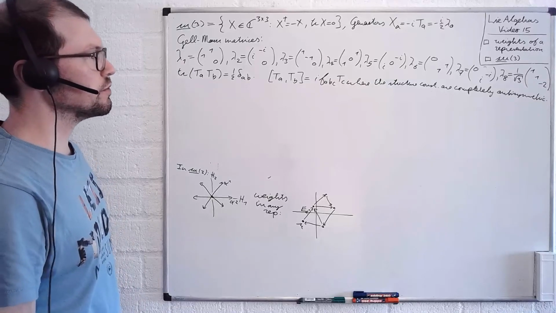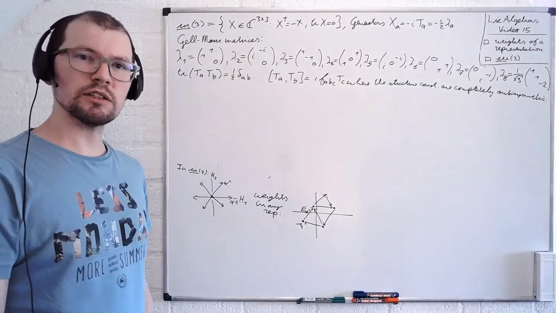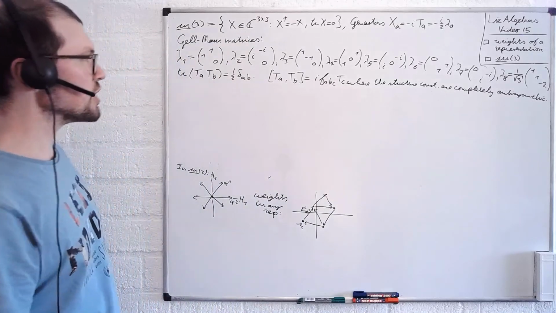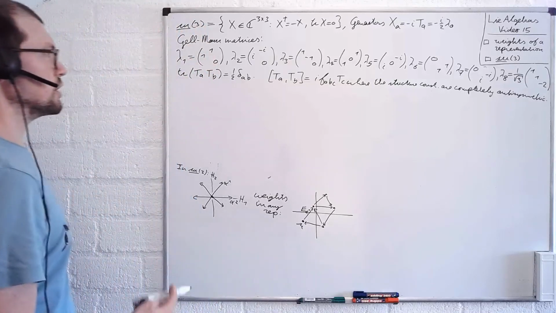But it's already relatively easy now from these explicit matrices to find a nice set of Cartan generators, because exactly 2 of them are diagonal, so they trivially commute.